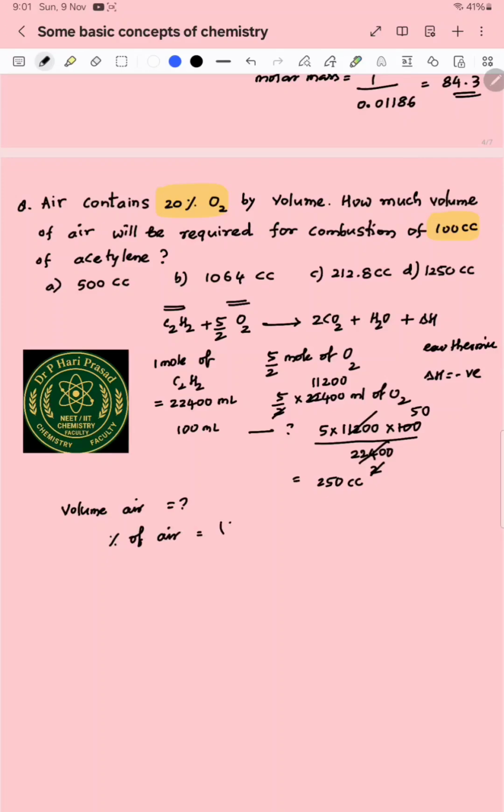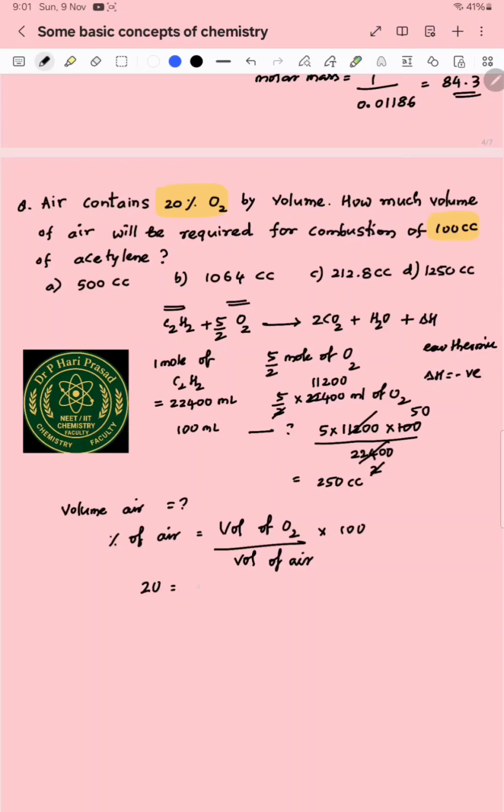I can write volume of O2 divided by volume of air, because air contains oxygen, into 100. So the percentage of oxygen in air is given as 20%.